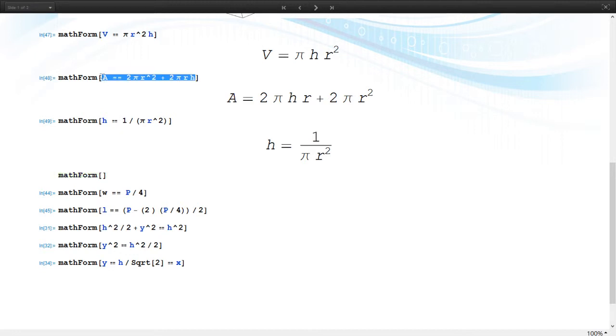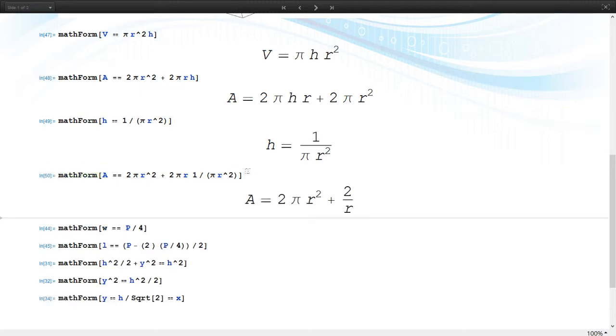Here's our area equation. That goes right here. And Mathematica has already simplified the r here with one of the r's down there, and the pi on the top of the fraction with the pi down here. Mathematica is really nice like that.